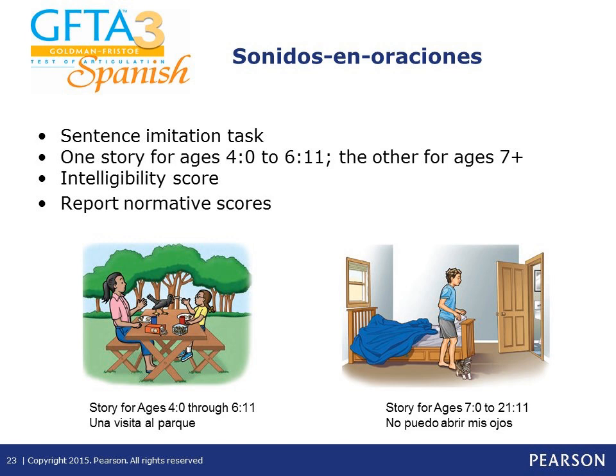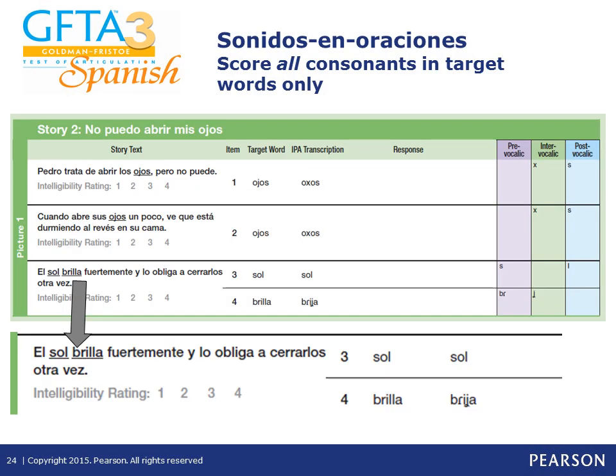In the Sonidos en Oraciones test, in addition to assessing phoneme production, you can also rate the individual's intelligibility in connected speech as good, fair, or poor during the repetition of each sentence in this test. Similarly to Sonidos en Palabras, in the Sonidos en Oraciones test, all consonants in the target word are scored.